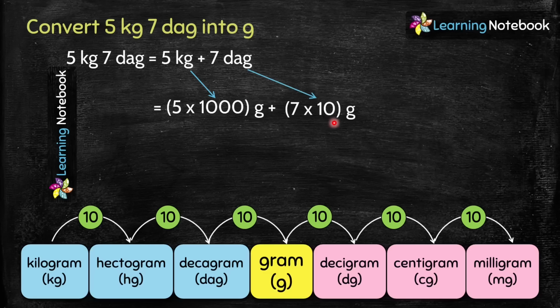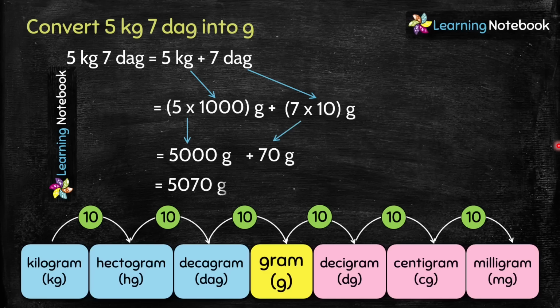Now let's solve them and we get 5000 gram plus 70 gram, which is equal to 5070 grams. So students, in this way, we can convert kilogram and decagram into gram. Let's see the next question.